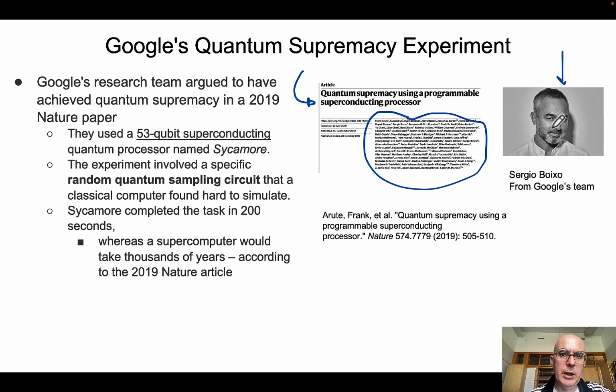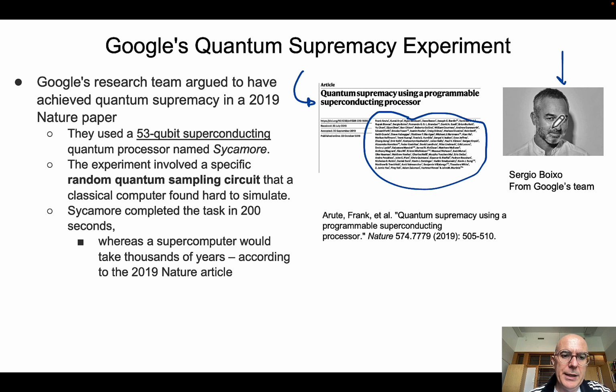So what did this team do? Well, they used a 53-qubit superconducting quantum processor named Sycamore. The specific computational experiment involves a random quantum sampling circuit, a kind of benchmark that a classical computer or a supercomputer finds very hard to simulate.